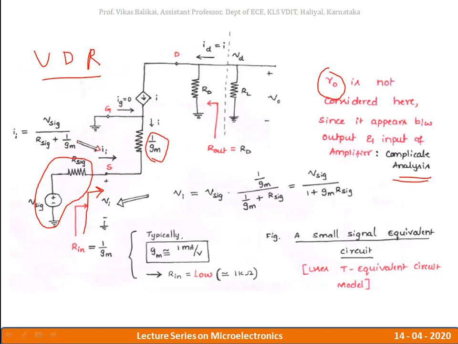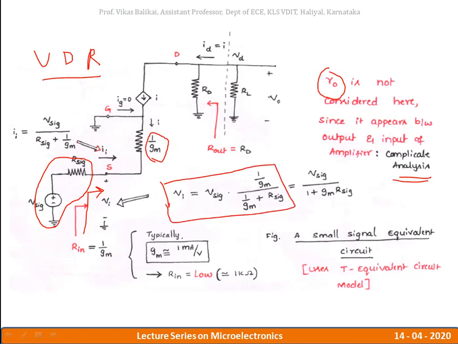That's simple and straightforward. So Vi, the voltage across the input resistance, is given by the master voltage Vsig multiplied by 1 over Gm, whole divided by 1 by Gm plus Rsig. So this is my Vi.